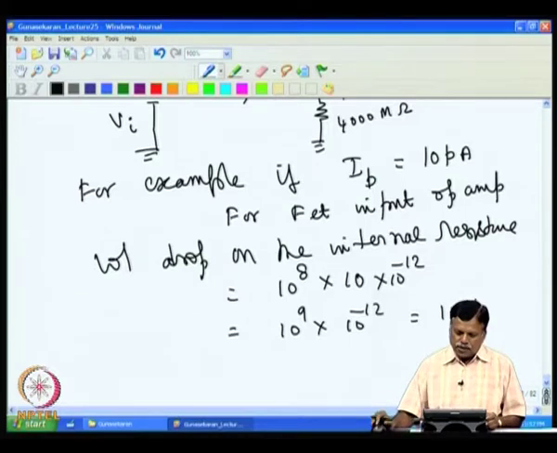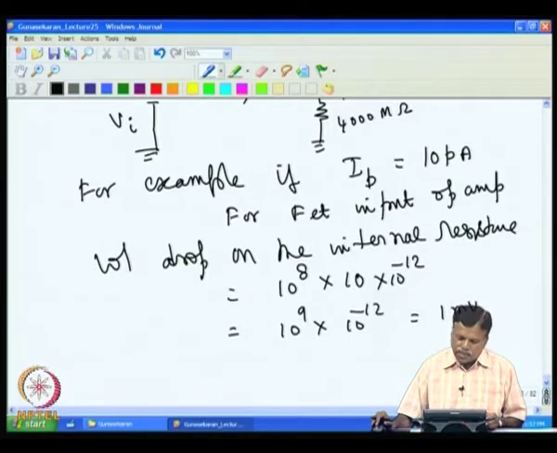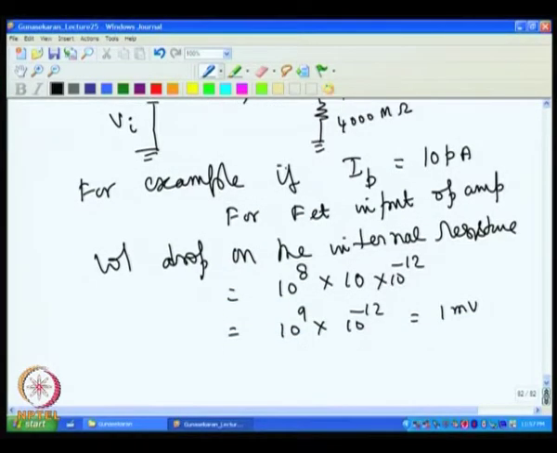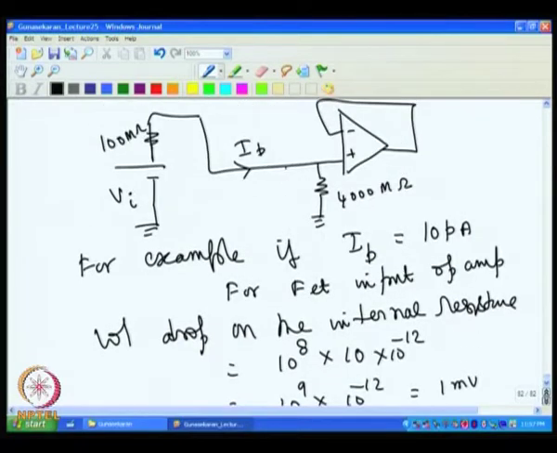So, the voltage drop on the internal resistance due to the bias current is 1 millivolt, because we have taken Ib as 10 picoampere. So, you have a loss of voltage of 1 millivolt due to bias current.